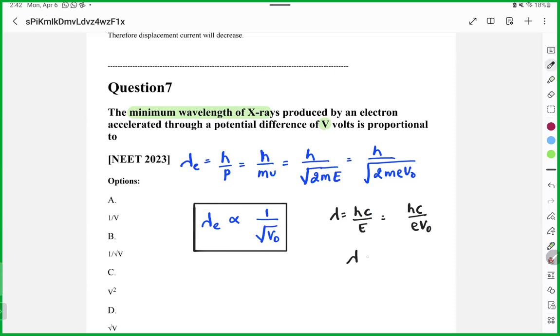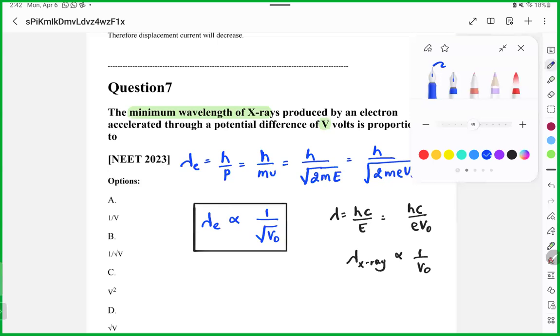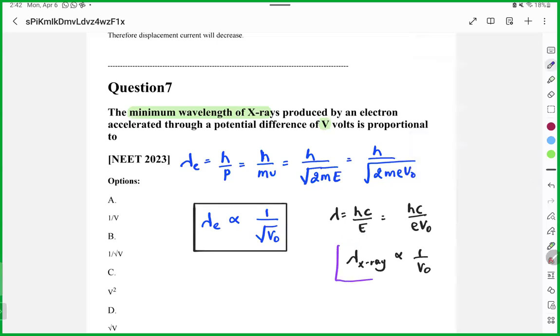So for the photon or energy particle for X-ray, wavelength is inversely proportional to V naught. Any doubt, Priyanka? For electron, it is 1 by root V naught. For X-ray, it is 1 by V naught. In one case you have the square root, in the second case you don't.